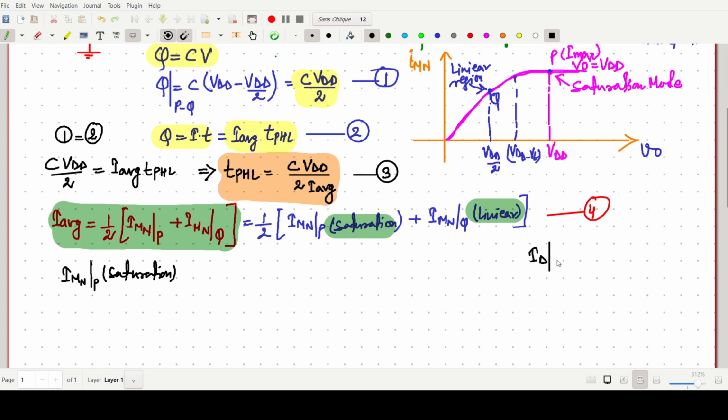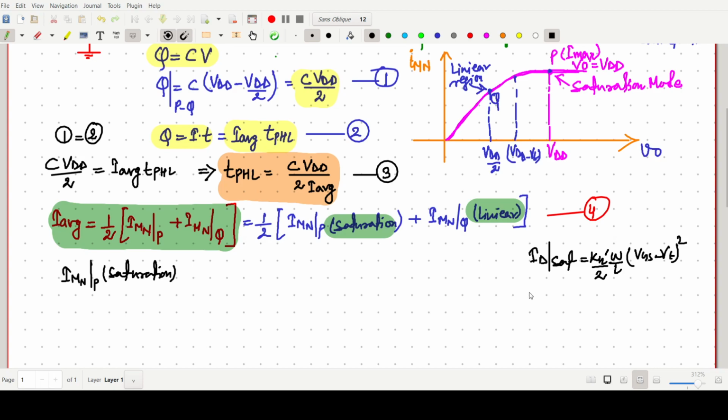So ID in saturation we can write as Kn dash W by L by 2 (VGS minus VT) whole square.